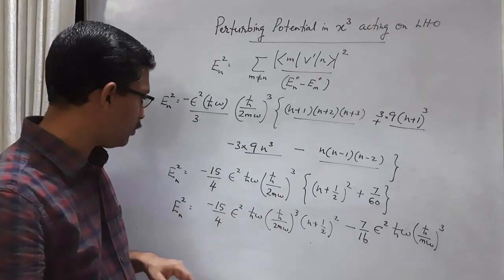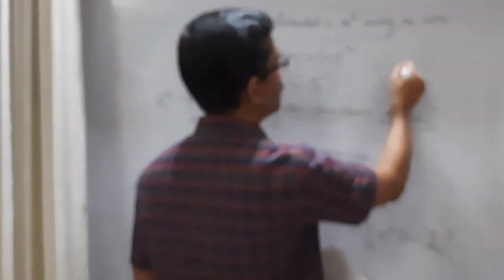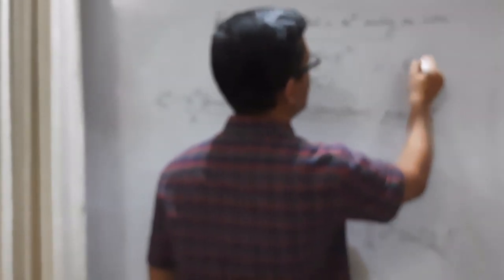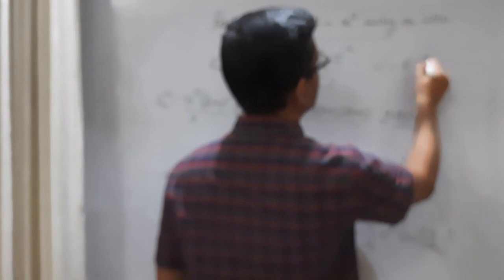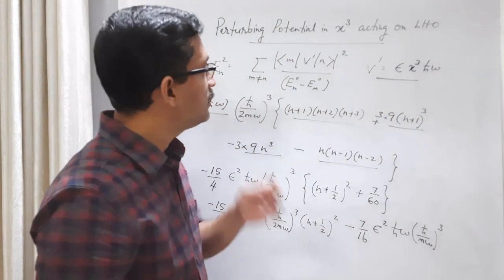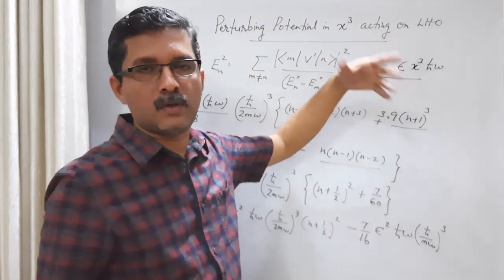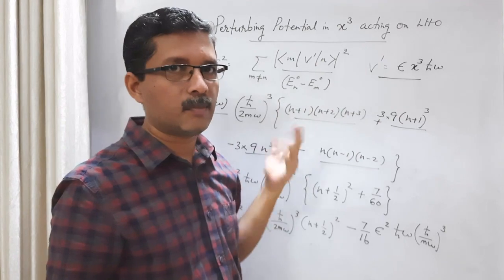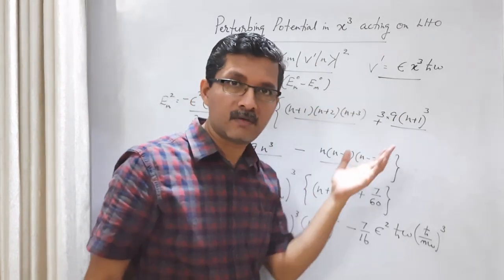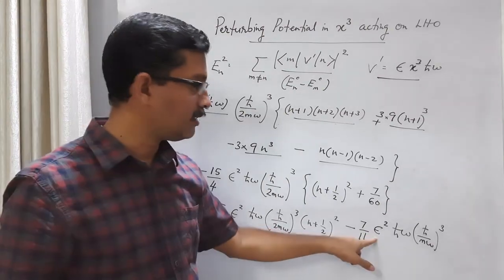But what you notice here is that we have introduced the perturbing potential like this, some epsilon x cube h cross omega. Epsilon is a constant, it can be positive or negative, but whatever be the sign of epsilon, there is epsilon square here and here.